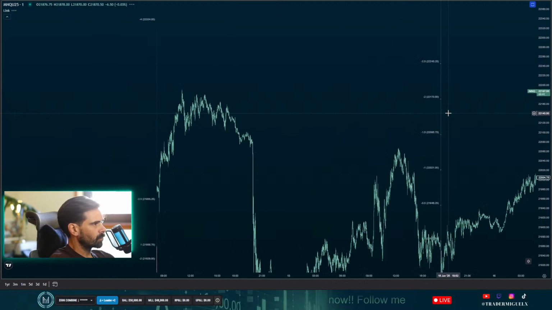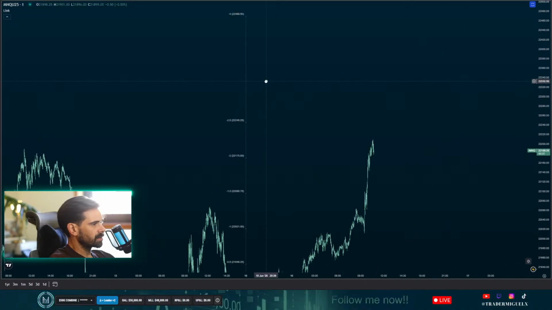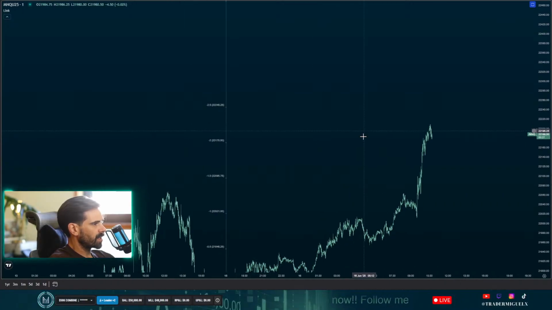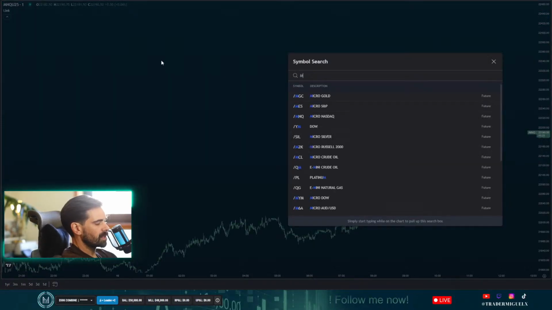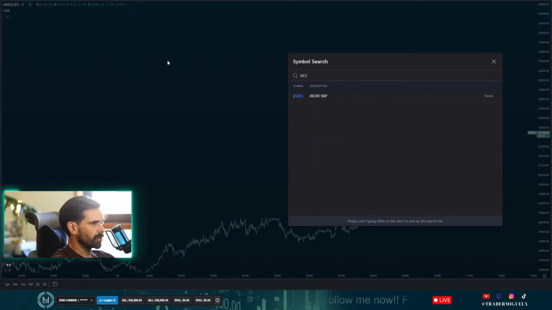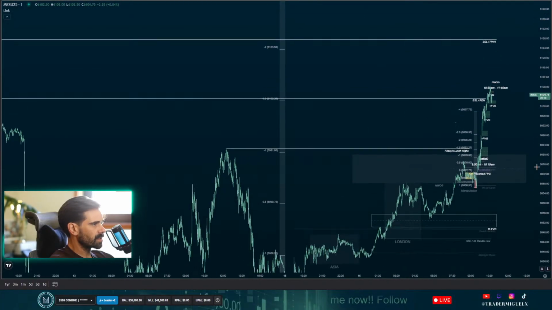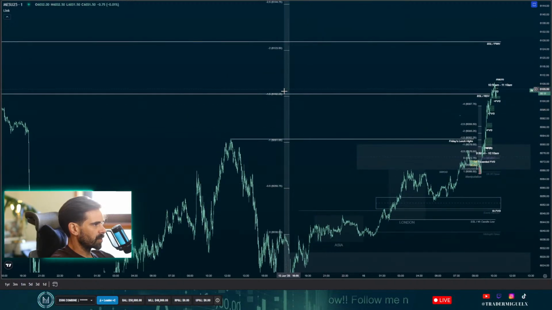So minus 2.5 here. Okay. So price stopped right in between 2 and minus 2.5 here on NQ. It seems like we still have some room to go higher, especially on ES. If you look into ES, the same projection, we are just above 1.5.